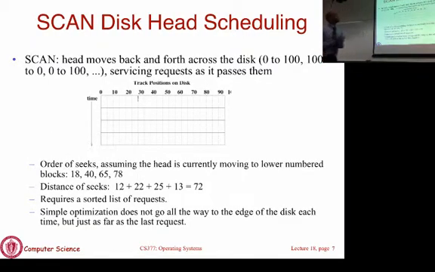It's called SCAN. This is also referred to as elevator scheduling, incidentally, and is best understood by what happens when you have an elevator servicing requests in a building, for people who are trying to get in, let's say. Your elevator may be moving up or moving down.